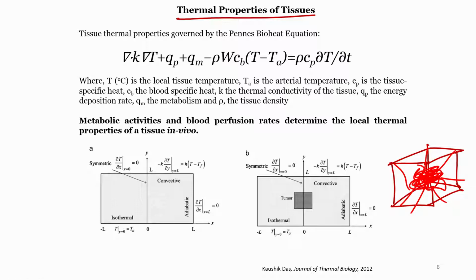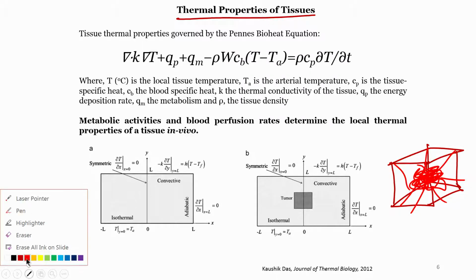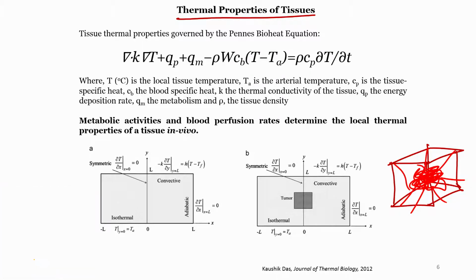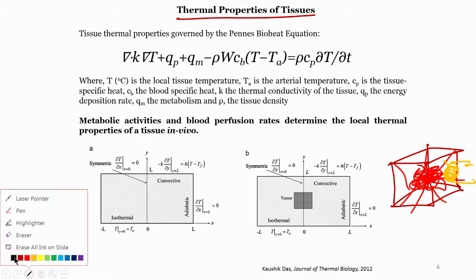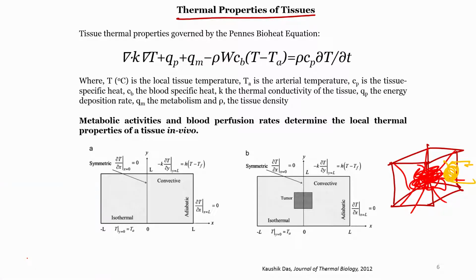Now, there is another heat. If I try to give heat from outside using a coil or something and heat the tissue, that heat will also get transmitted through the tissue, right, and these two activities can happen simultaneously, especially when the tissue in question is not ex vivo, but in vivo. What is ex vivo, in vivo? We have already seen.